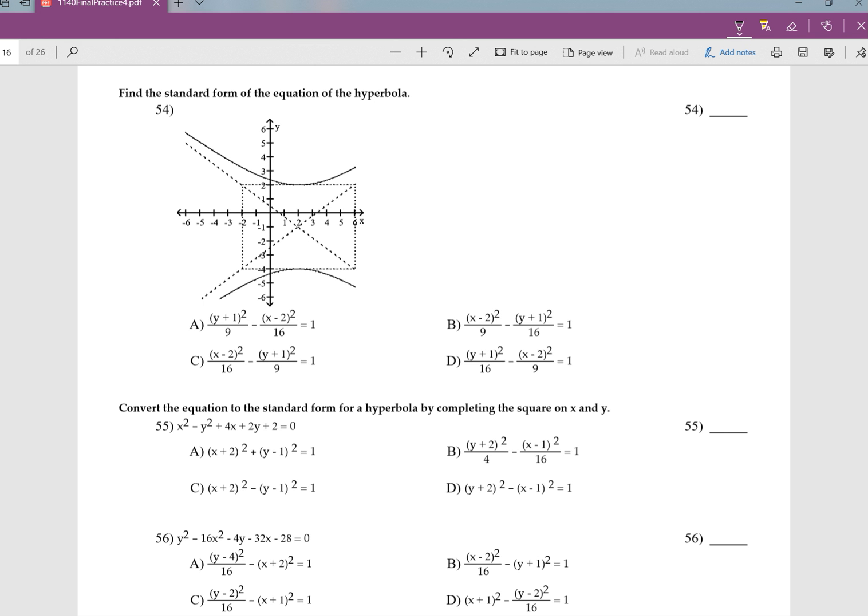Alright, number 54. Again, this is a y squared lead because it's opening up this way. So this can be reduced to not an answer. That's not an answer either.